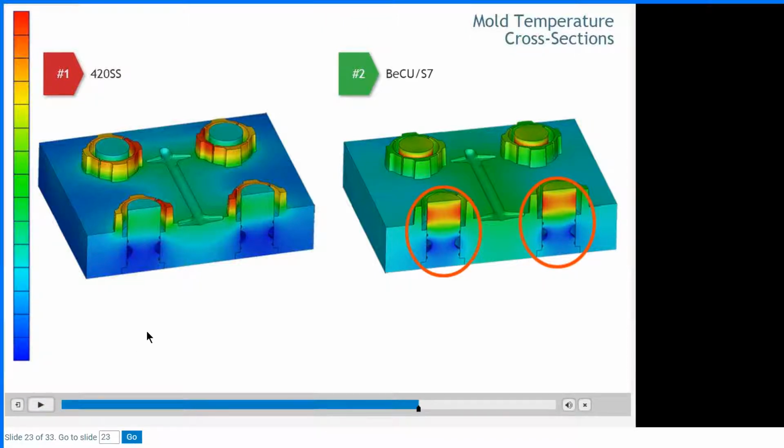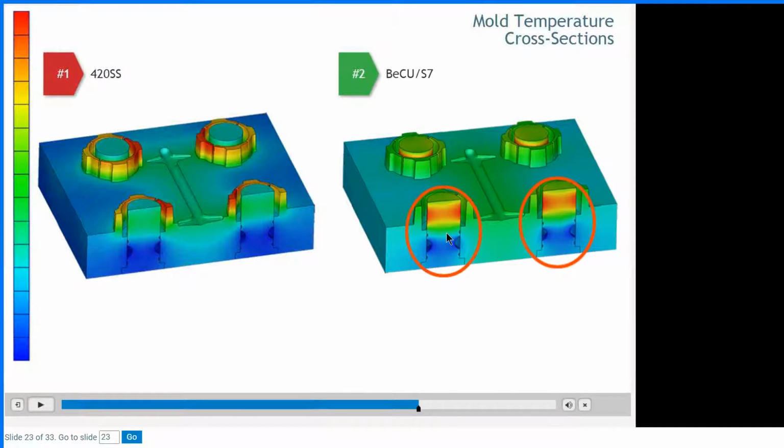So let's review this very quickly here. What we see in the two different varieties. Remember, this was all stainless steel, and this was the mold base only was beryllium copper and these cores were S7. So now S7, as you can tell, has a lower thermal conductivity.